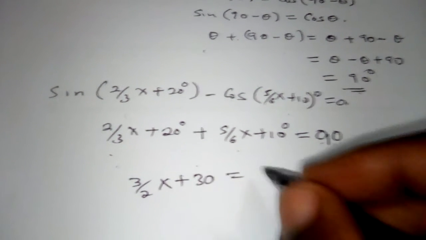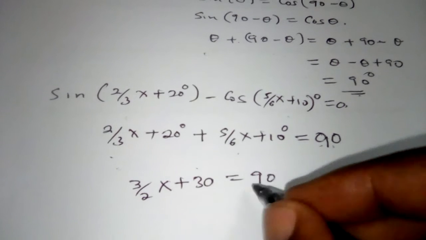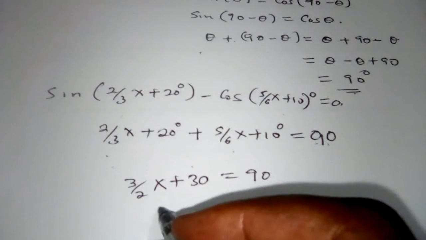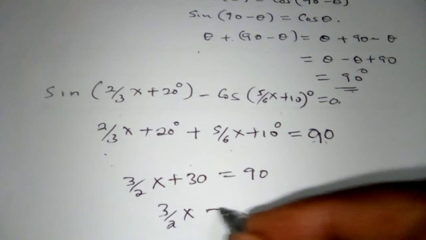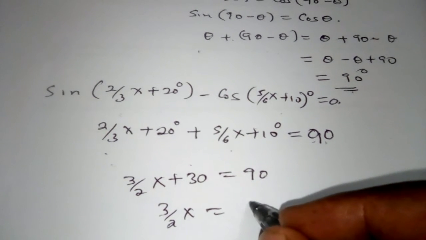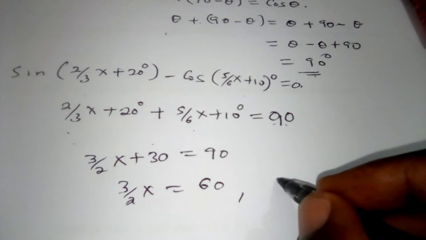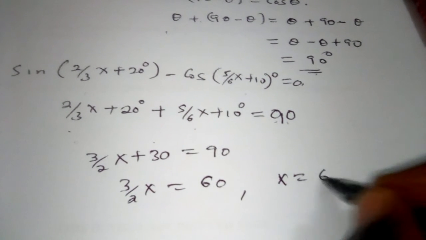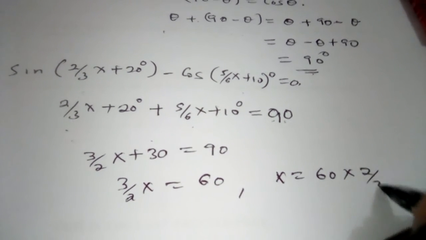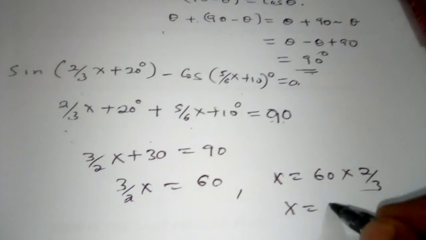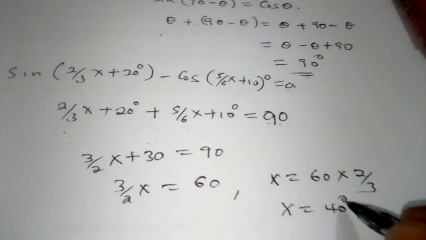So this becomes 90. If you solve for x by taking 30 to the other side, you will notice that it is equal to 60, and this tells me that x is equal to 60 times 2 over 3, which makes it 40 degrees.